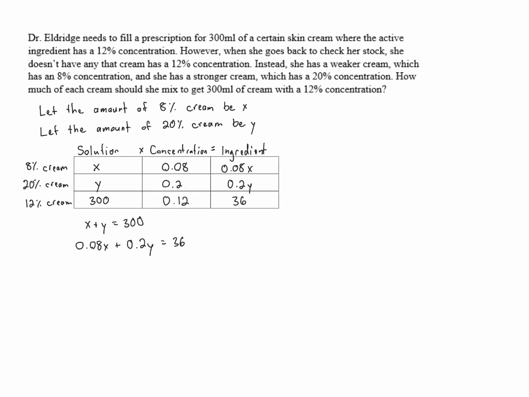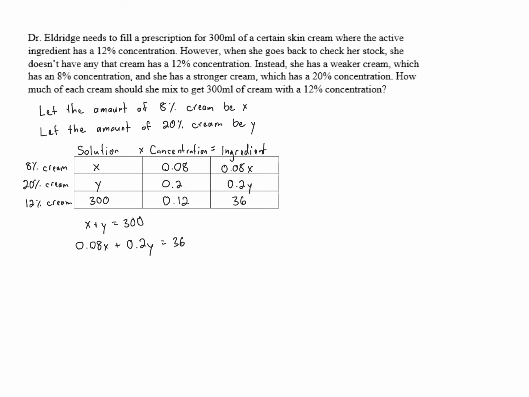And we don't know what these quantities are, but in total, they need to be 36 milliliters, which is 12% of the 300 milliliters in total. That's how much active ingredient there are in that 12% cream.